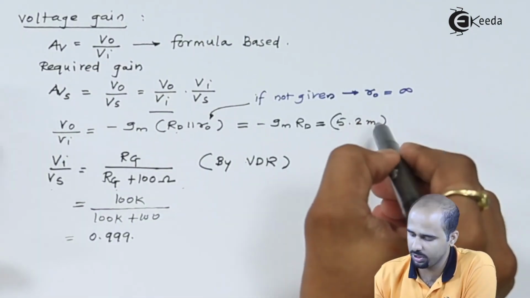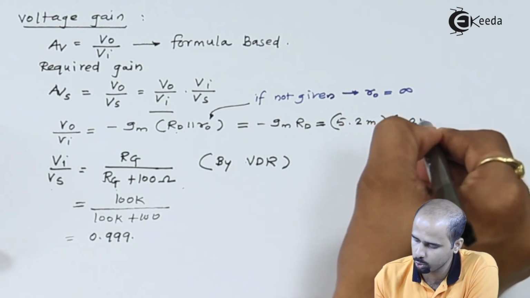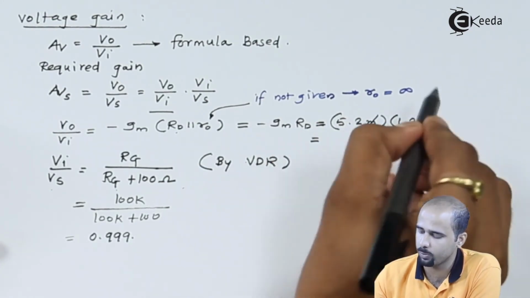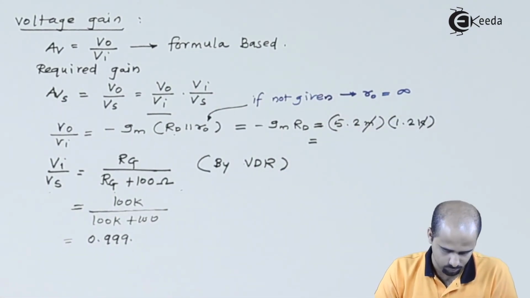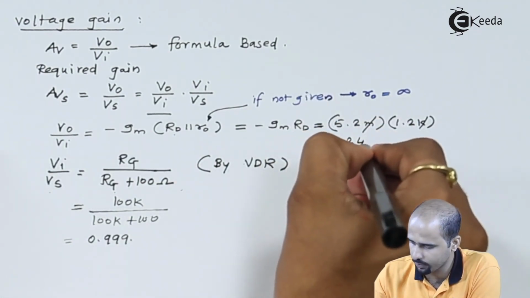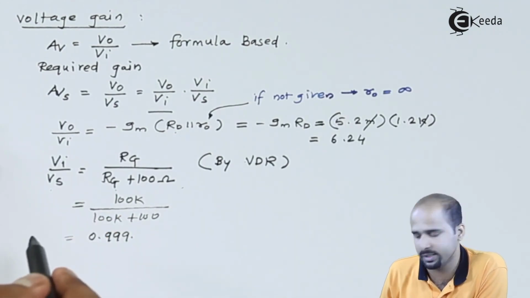So 5.2 milli multiplied by RD, that capital RD is 1.2 kilo. Milli and kilo cancel, so I get 5.2 multiplied by 1.2, which is 6.24. So the value of gain is 6.24 multiplied by 0.999.